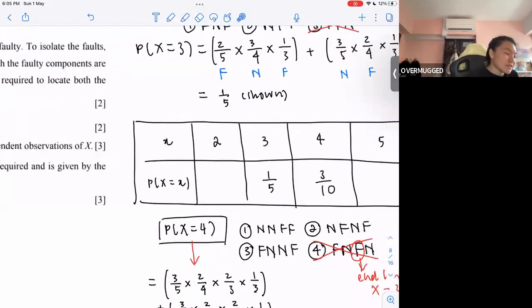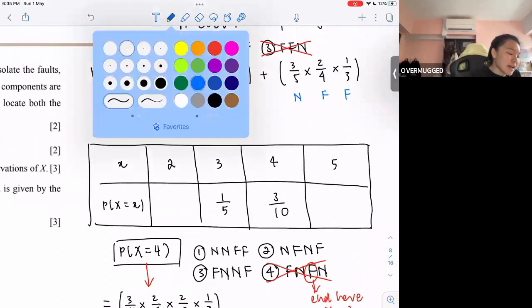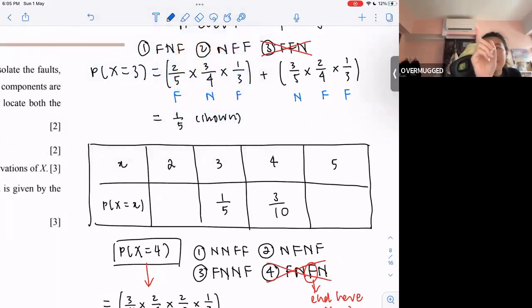So the one for 2, there's only one possible outcome, which is you get 40 and 40. Sorry, someone is asking, can we use PNC to find out the different probability values? Yes, you definitely can. But I think the PNC way is a bit more complicated, in my opinion.